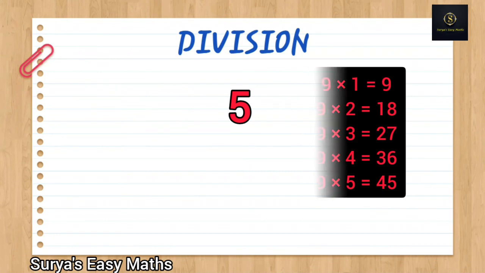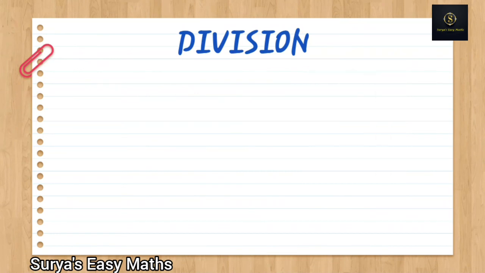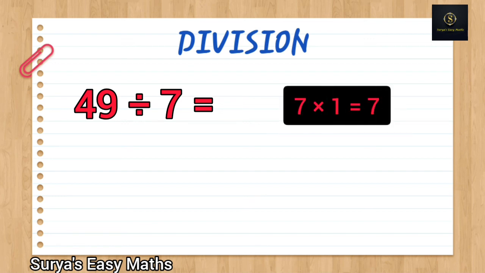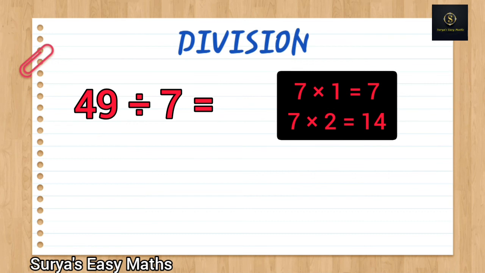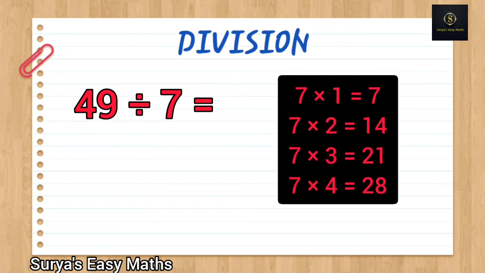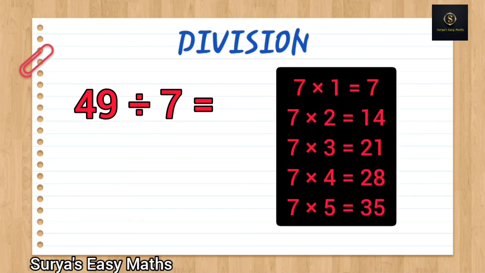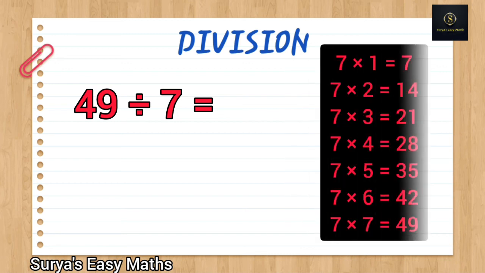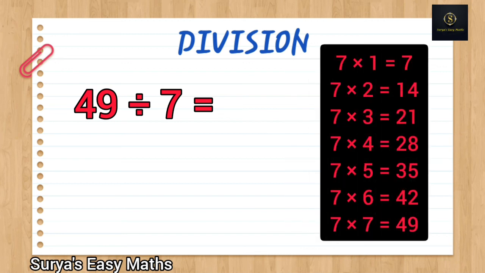Now let's see the last example. 49 divided by 7 is equal to what? So which table do we have to recall? Yes, the table of 7. So let's recall and see when 49 comes in the table of 7. 7 ones are 7, 7 twos are 14, 7 threes are 21, 7 fours are 28, 7 fives are 35, 7 sixes are 42 and 7 sevens are 49.